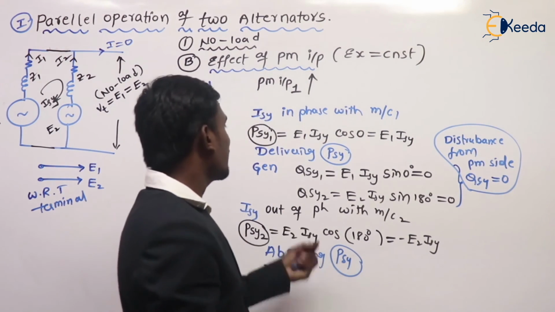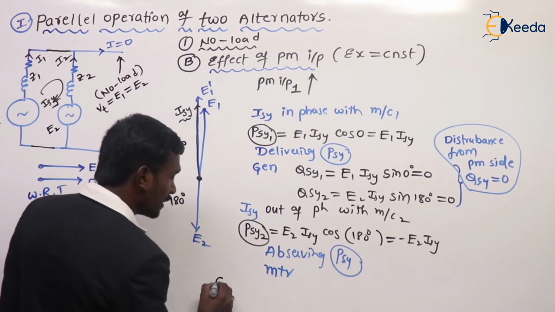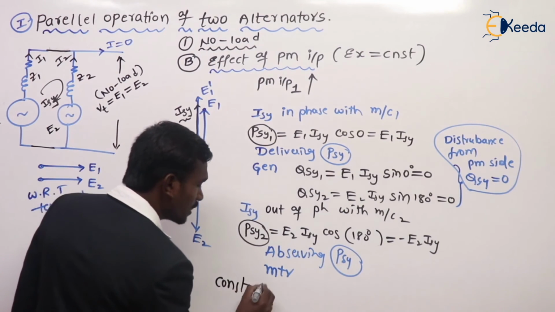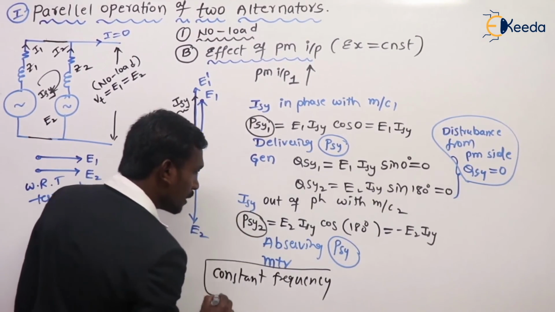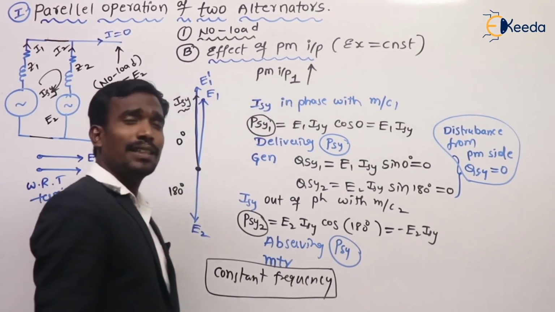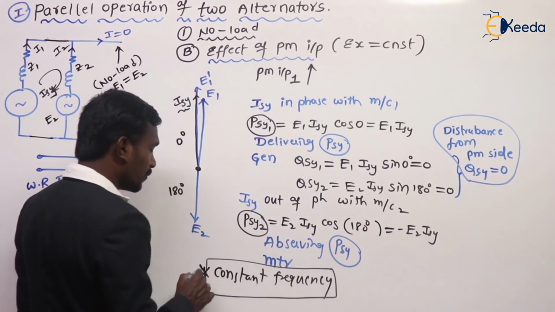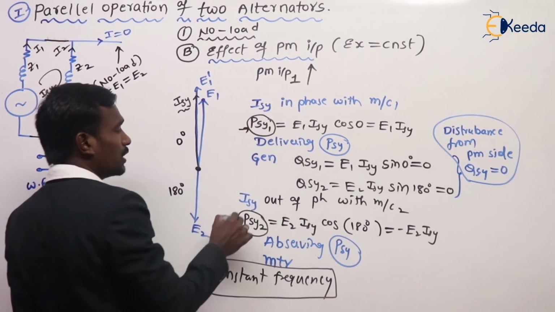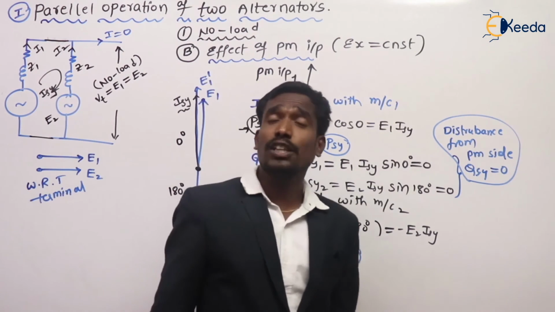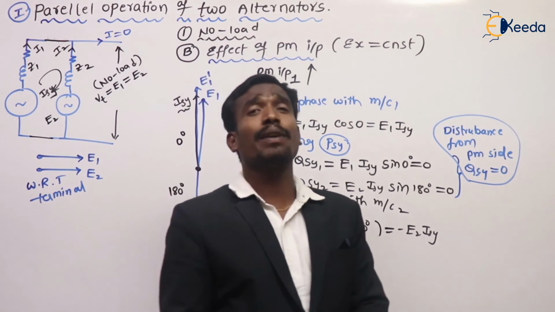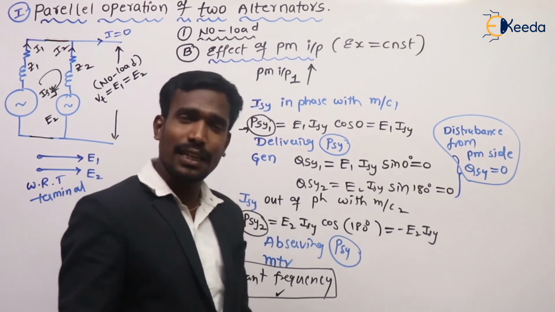Then why do these synchronizing active powers come into action? In order to maintain constant frequency, because during parallel operation we should maintain the frequency constant. In order to maintain the constant frequency, the synchronizing active powers come into picture. By changing the prime mover input, we can change the frequency.